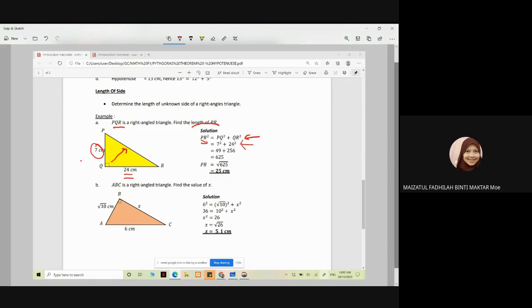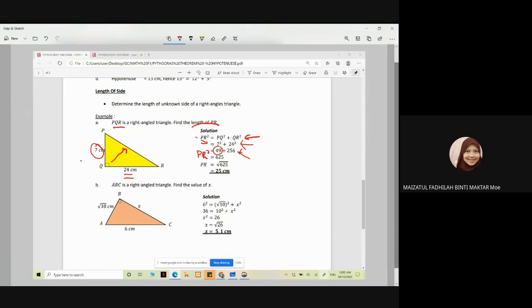After you get the power of 2, 7 square will get 49, 24 square you will get 576, and adding both you will get 625. This value is equal to PR square. So remember this 625 value for PR square.